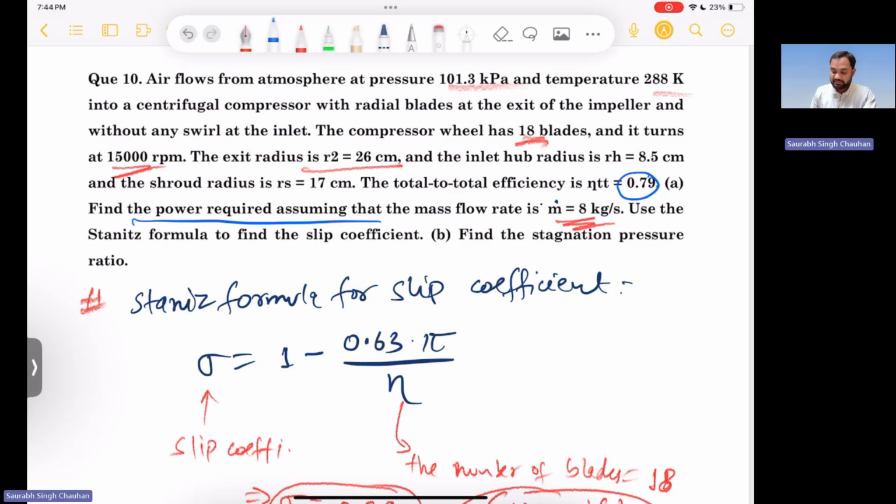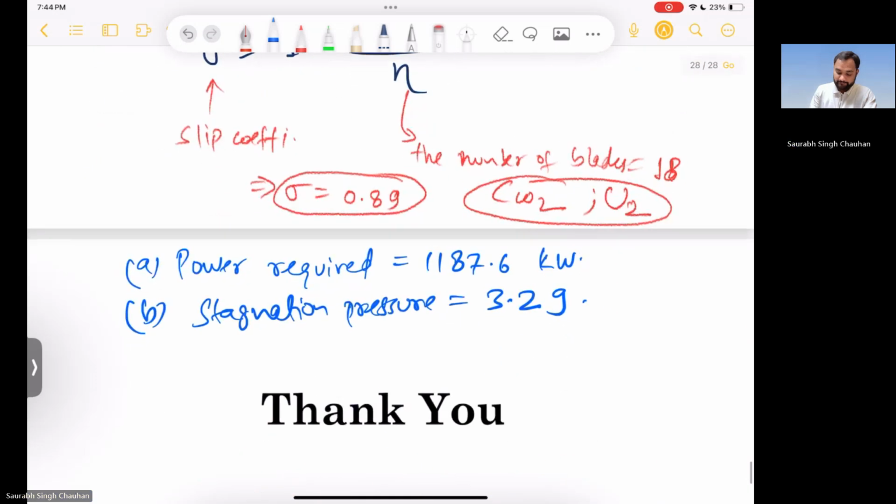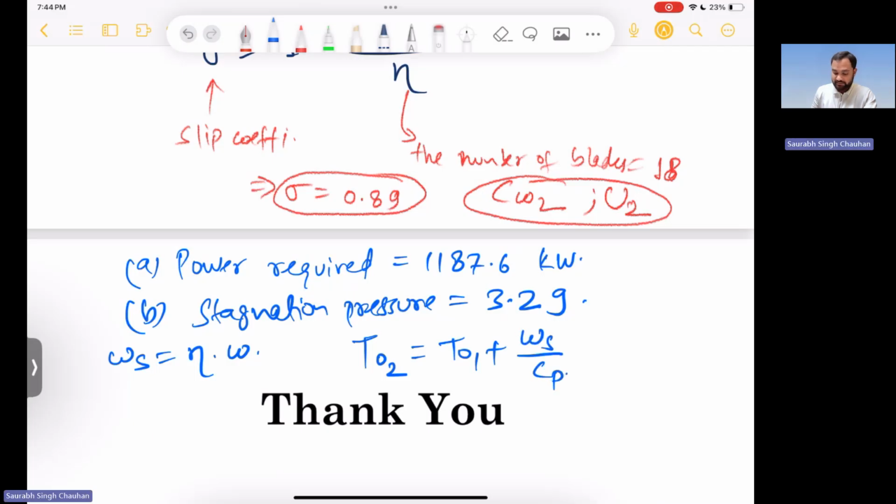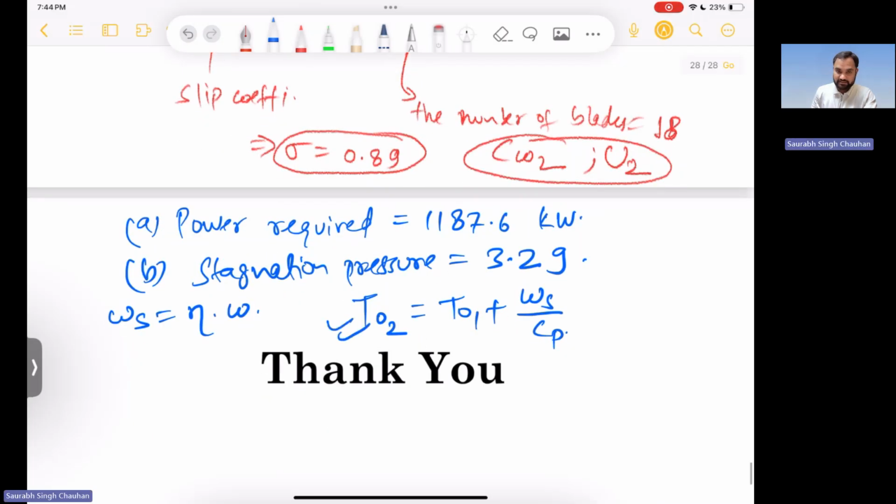This means that some part of the work is being lost. So Ws will be equal to eta times W, and the stagnation temperature at exit will be equal to the inlet value plus Ws by Cp.